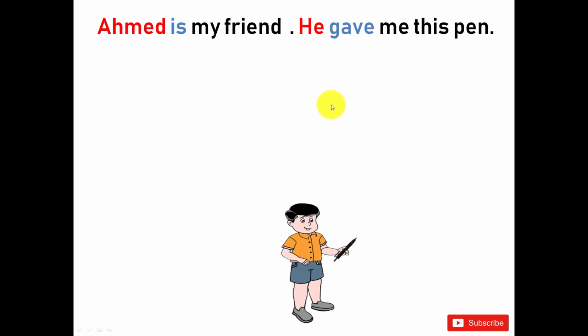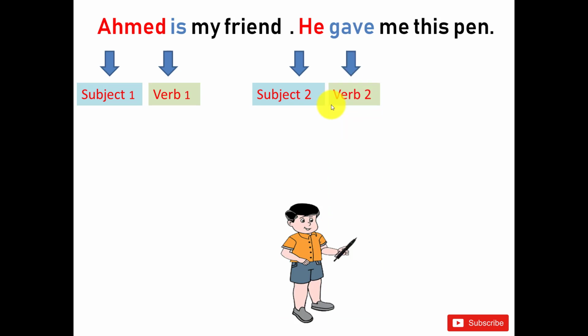So let's start with the first sentence. What is the subject? Yes, Ahmed. And the verb is. Is. Okay. Let's move to the second sentence. Yes, we have he and the verb gave. Well done. So what are we talking about here? We are talking about my friend. Who gave me the pen? Ahmed. So it's Ahmed who gave me the pen.